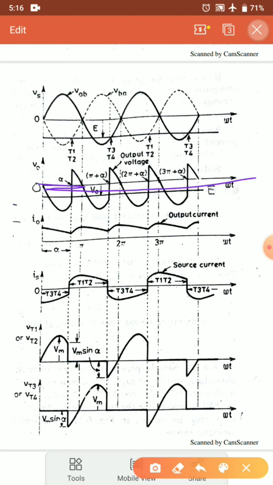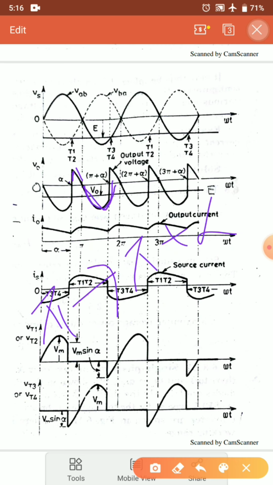So I will get a waveform from here to here. Only a small portion of my waveform I am getting. And then from pi to pi plus alpha, my inductor is discharging. Then again at pi plus alpha, my thyristors T3 and T4 are turning on.